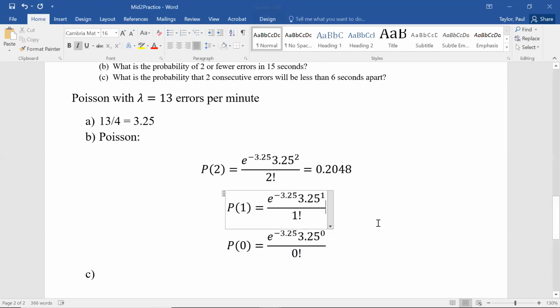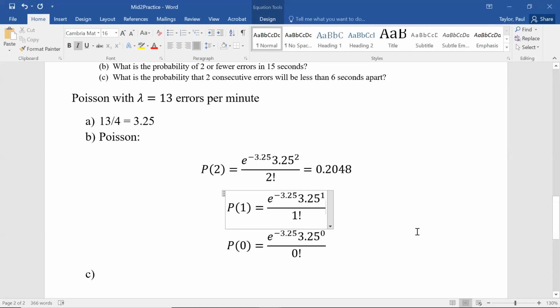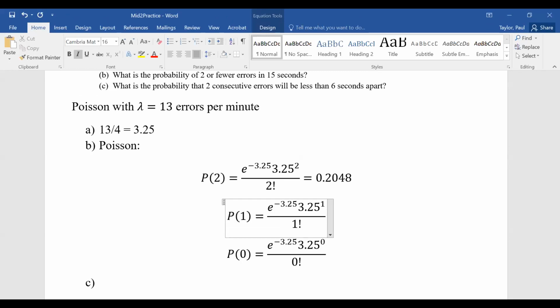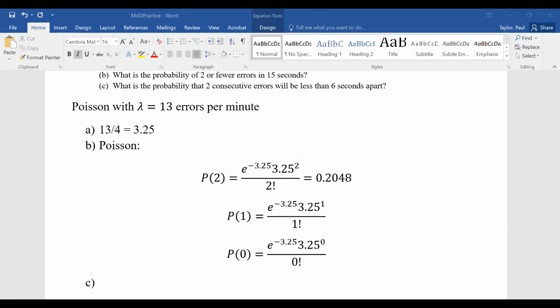You have to do all 3 of them because you're doing 2 or fewer. You can do this question in Minitab with a cumulative distribution function, everything less than or equal to 2. But we never did Poisson in Minitab, and I tried it. It worked, but it took me a while to figure out how to use it, so it probably isn't worth trying something new there.